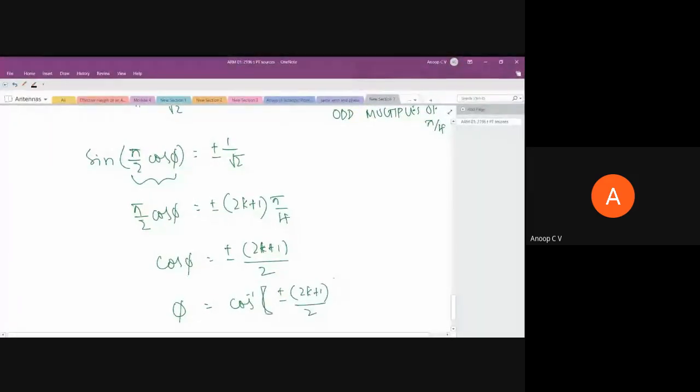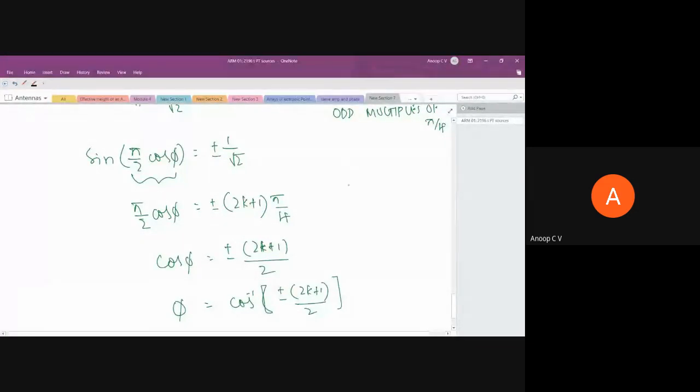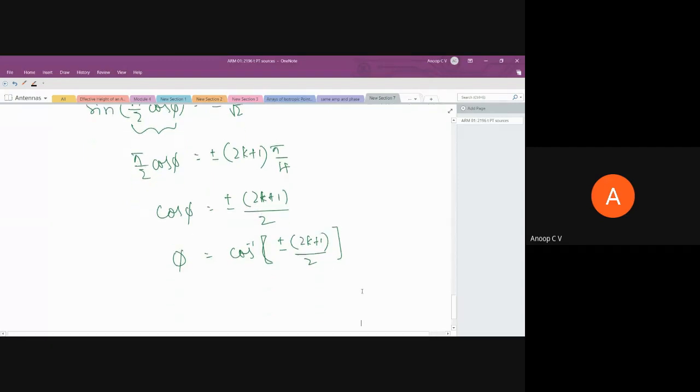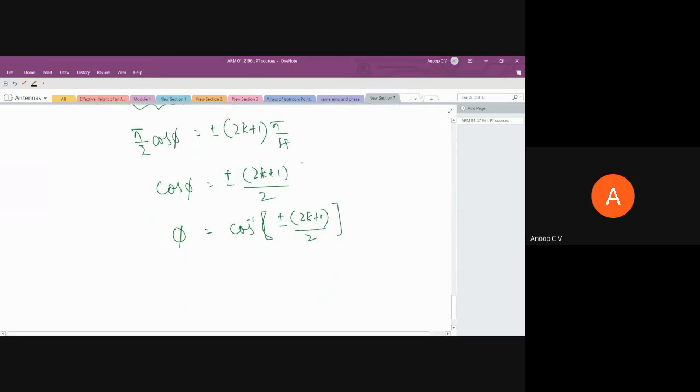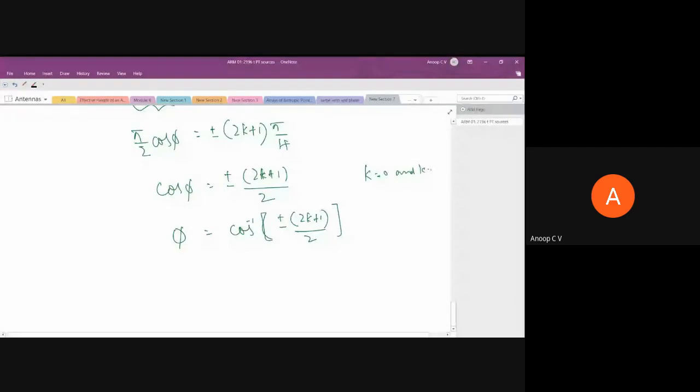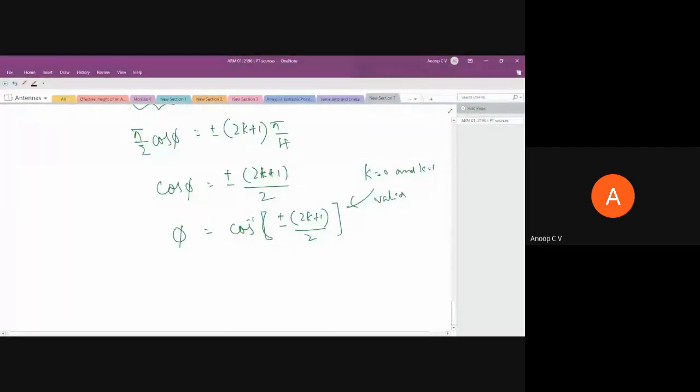And in this case, we should get four half power points. There is actually a factor of 2 there. So for k equal to 0 and k equal to 1, this will be valid. The argument will be a valid argument.